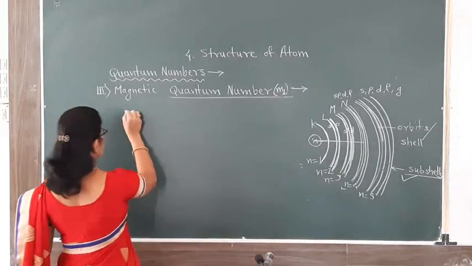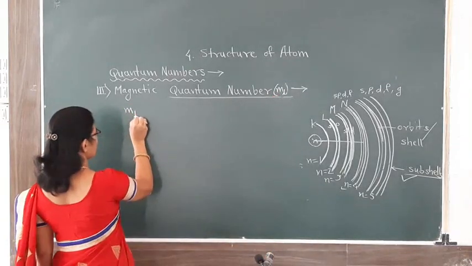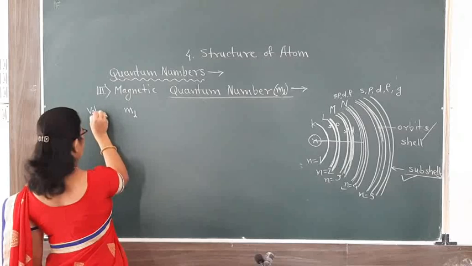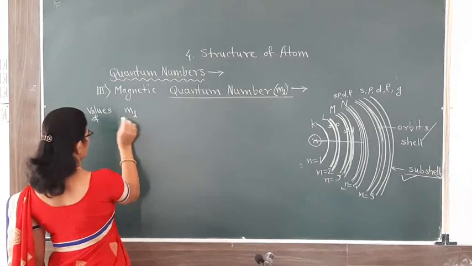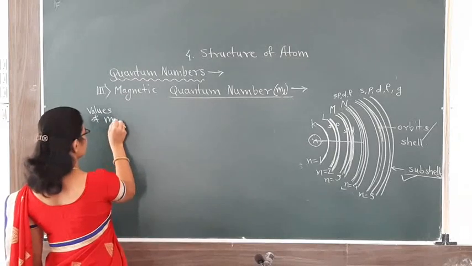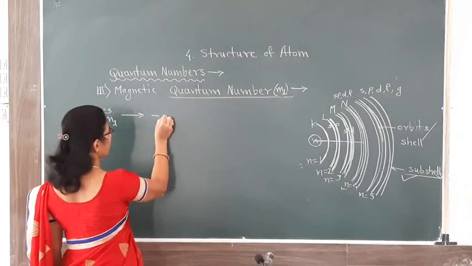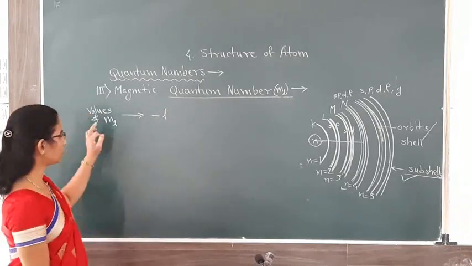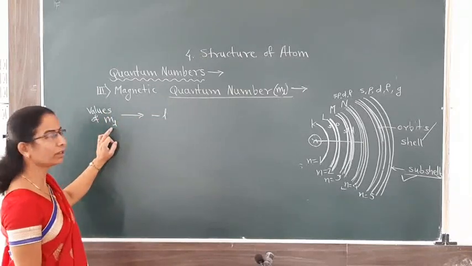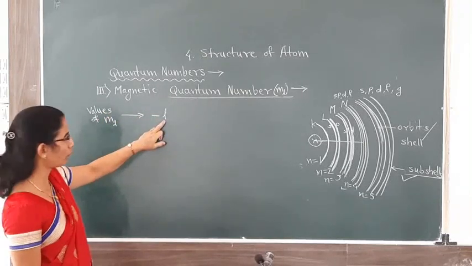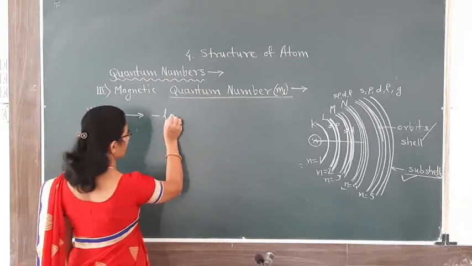Let us see. Here the values of ml start from -L, which means the values depend upon the value of the azimuthal quantum number.